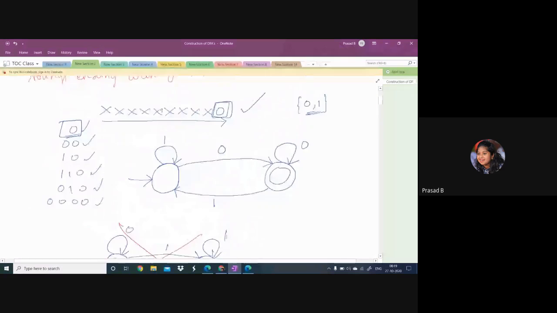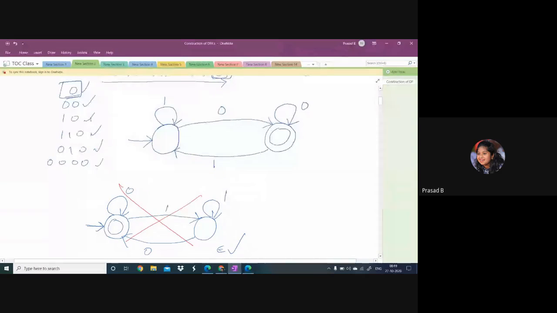So I repeat, whenever you need to construct any DFA, you first take the smallest string and accept that string, so to accept you consider a rough diagram, then you convert it into DFA.